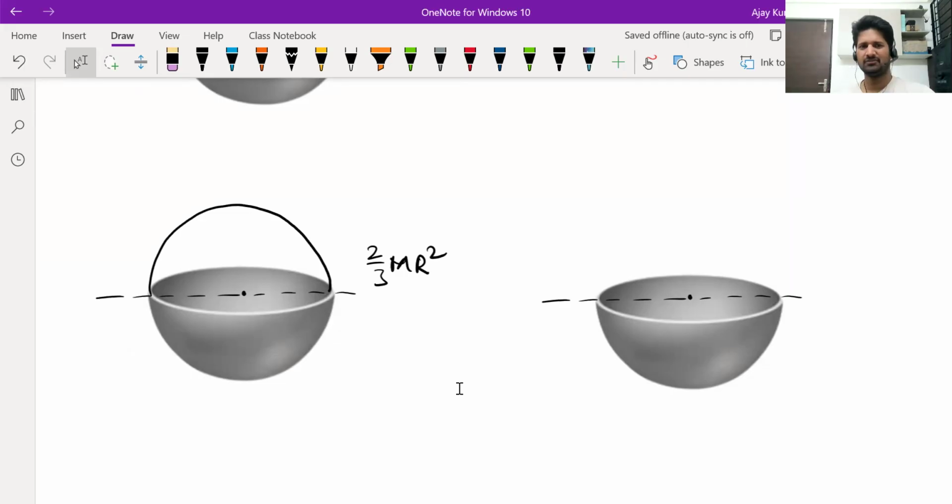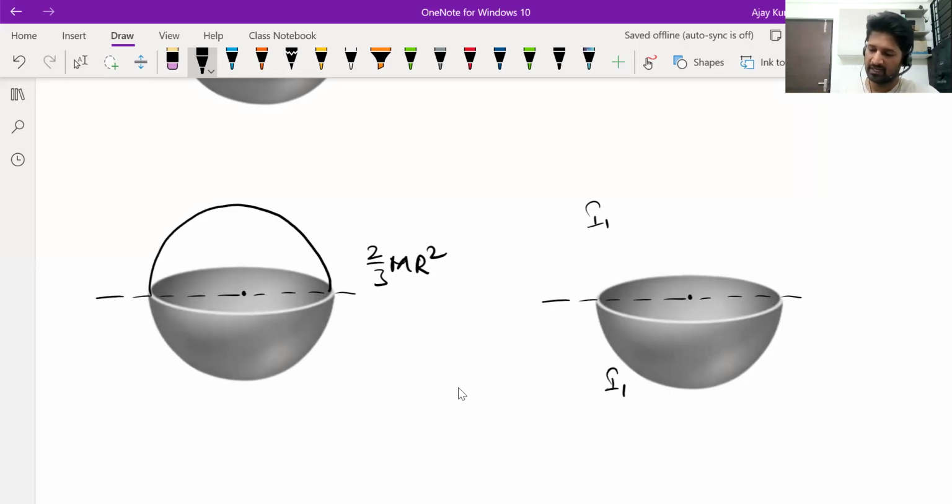Half sphere is exactly half of the full sphere. In whichever manner the mass of this half sphere is distributed around this axis, in the same manner, the other half's mass also is distributed. So they should be contributing the same amount of moment of inertia. Let's say this half's moment of inertia is I1, then the other half also would have been I1 about this axis.